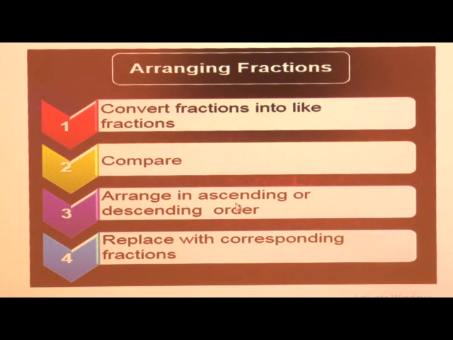Then arrange in the ascending or descending order. Yes, we have to arrange the fractions by seeing the numerator or denominator. After arranging the fractions, we have to replace with the corresponding fractions, means which is given in our question. This is how we do the step by step arrangement of fractions.